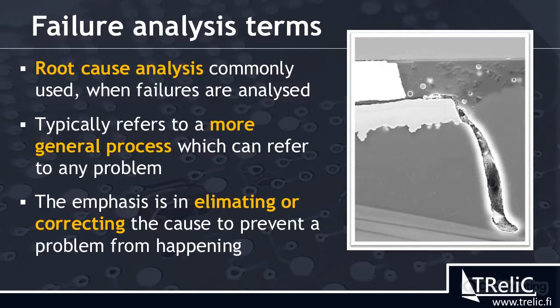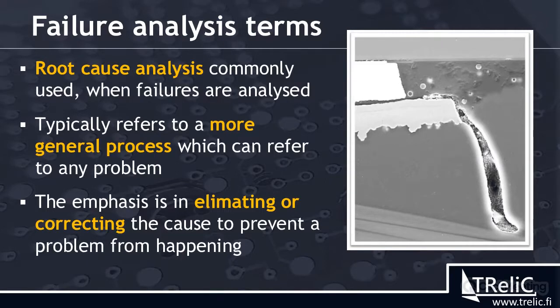So they are kind of part of the same process. Then quite often people use root cause analysis. For me, at least, it is a more general term than physics of failure, which clearly is about the physical side of this, or about the scientific part. Root cause analysis can actually refer to any process where we want to understand why things went wrong and what is the reason for that.